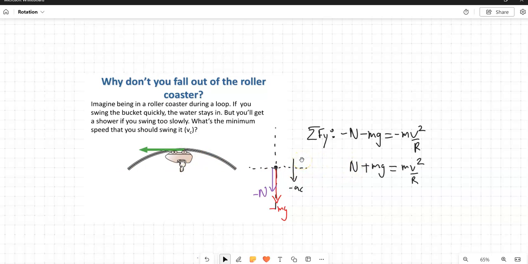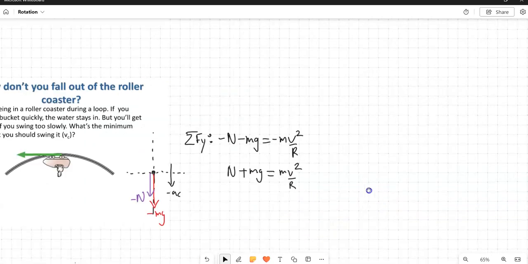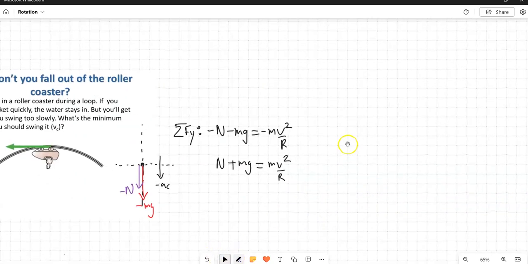But if we want to barely get over the hump, the normal force kind of disappears. So in other words, we could actually say this. We're going to redraw this force diagram so that we could interpret it where the object is just barely getting over that hump. So here's our little quick force diagram.